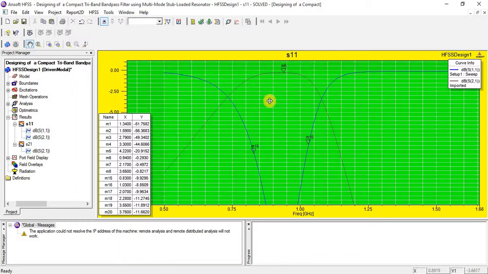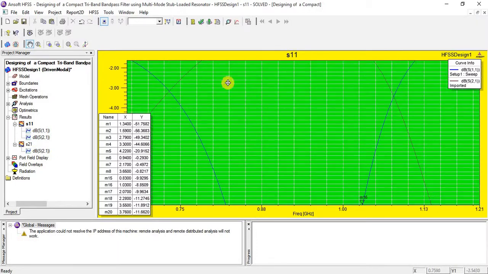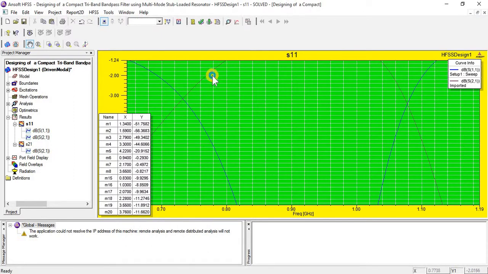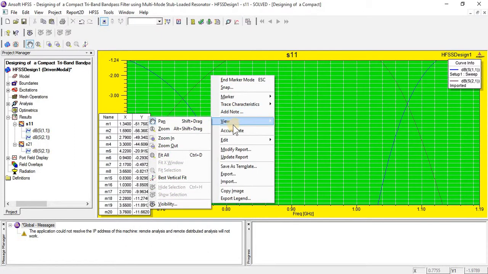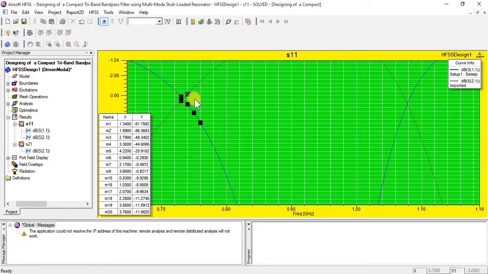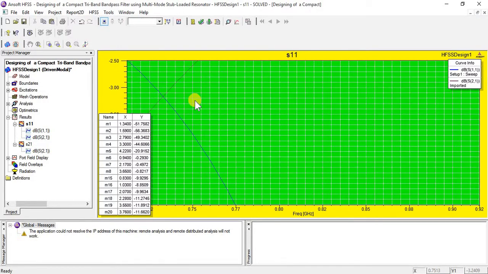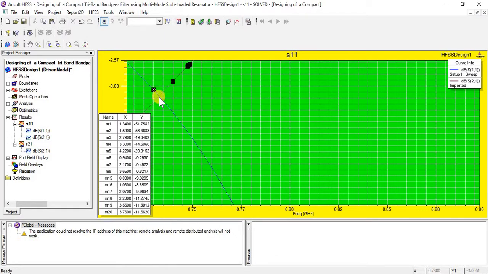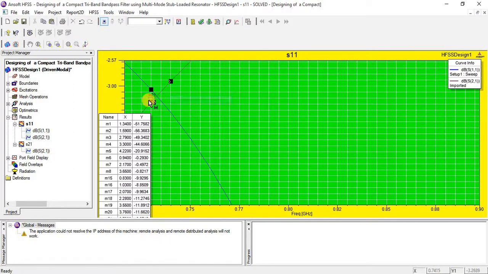Now I am going to zoom in and mark a point where the intersection of these two comes out. The mark is only possible on grid lines.